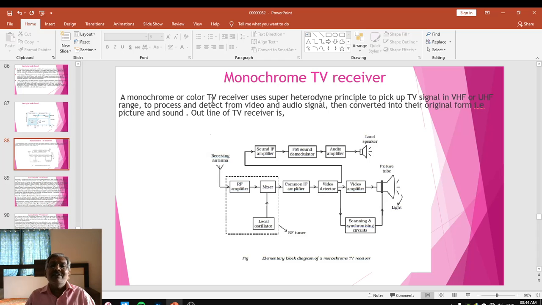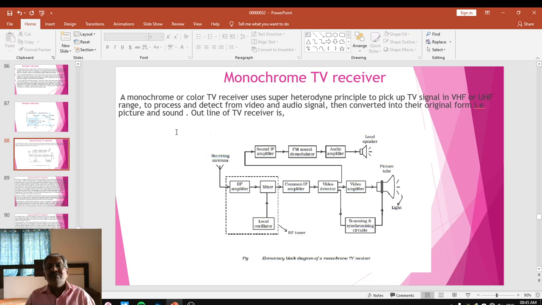That is, detect the video and audio signal, then convert them into their original form. That means the audio signal is converted to acoustic sound and the video signal is converted into the picture information displayed on the television screen. That is known as the original form, that is the picture and sound signal.